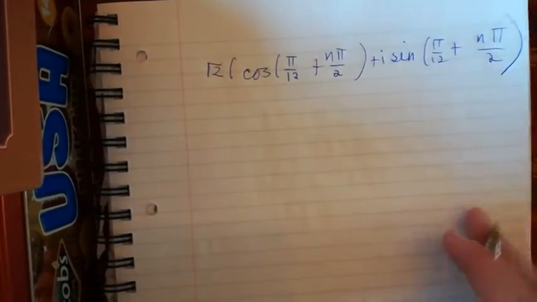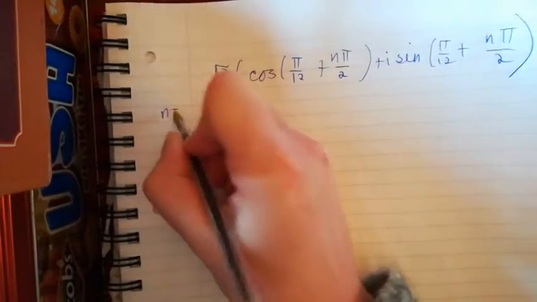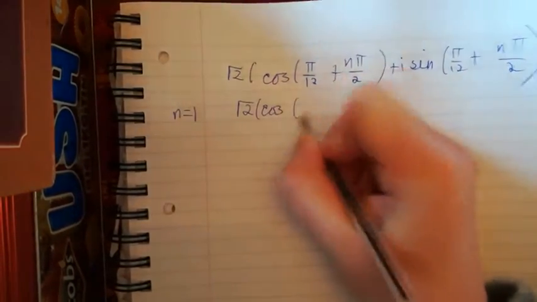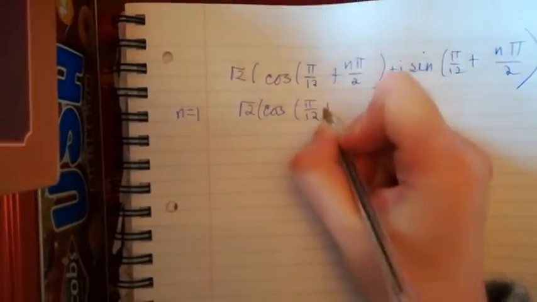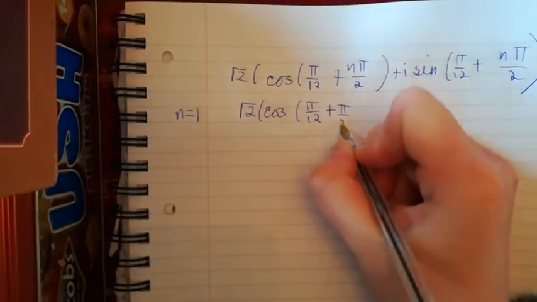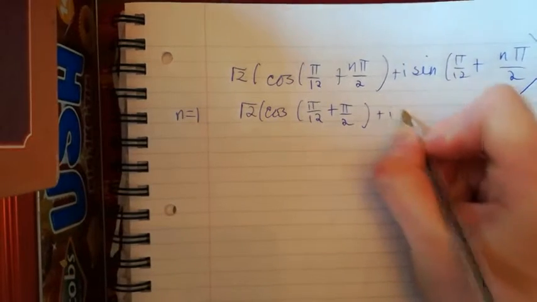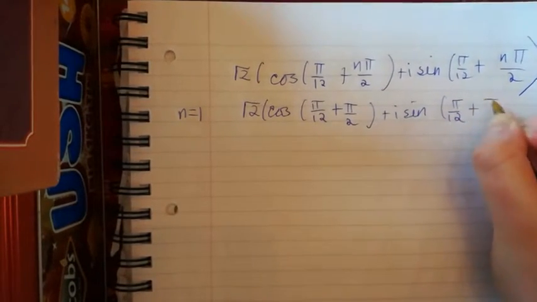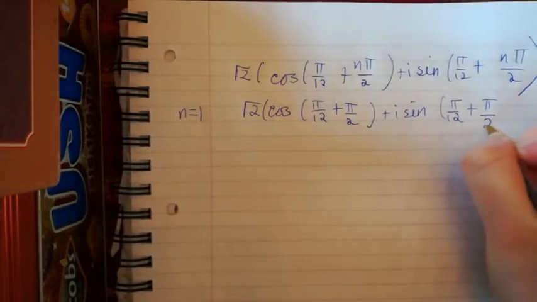And now I'm already after getting the solution for n equals 0, so now I'm going to have to let n equals 1. So root 2 cos of pi over 12 plus pi over 2, plus I sin of pi over 12 plus pi over 2.